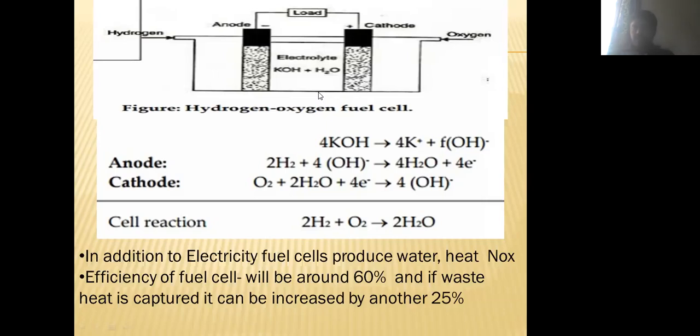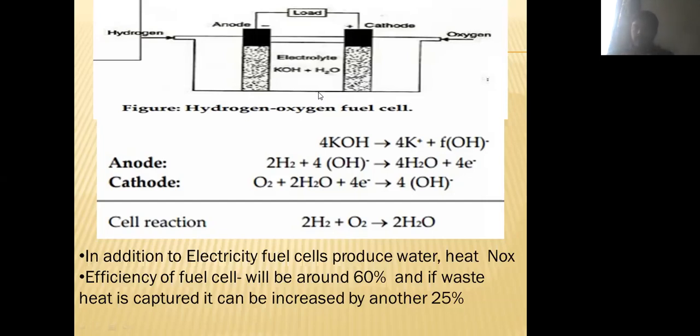Only H plus ions move. At the same time, the electrons produced at the cathode part come to the anode through the external circuit. By the time the electrons from the cathode reach the anode through the external circuit, these H plus ions also move from the cathode to the anode through the electrolyte.